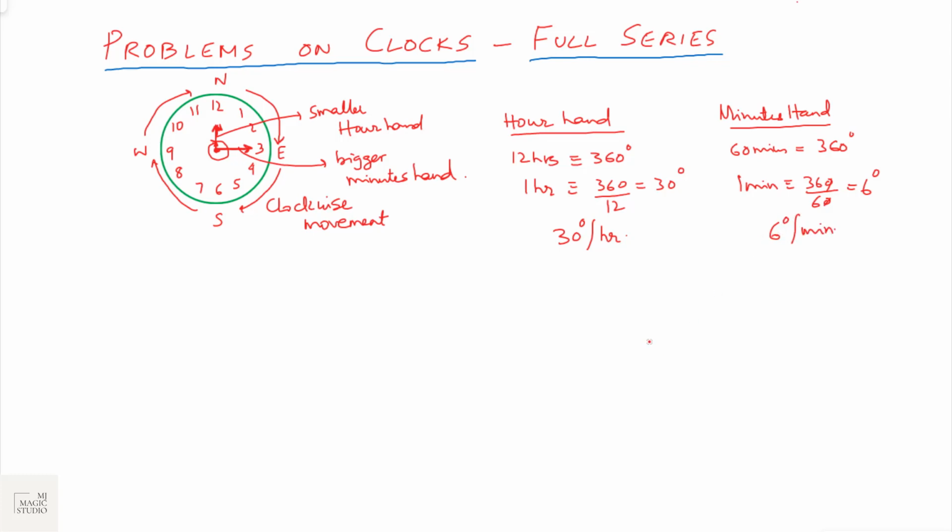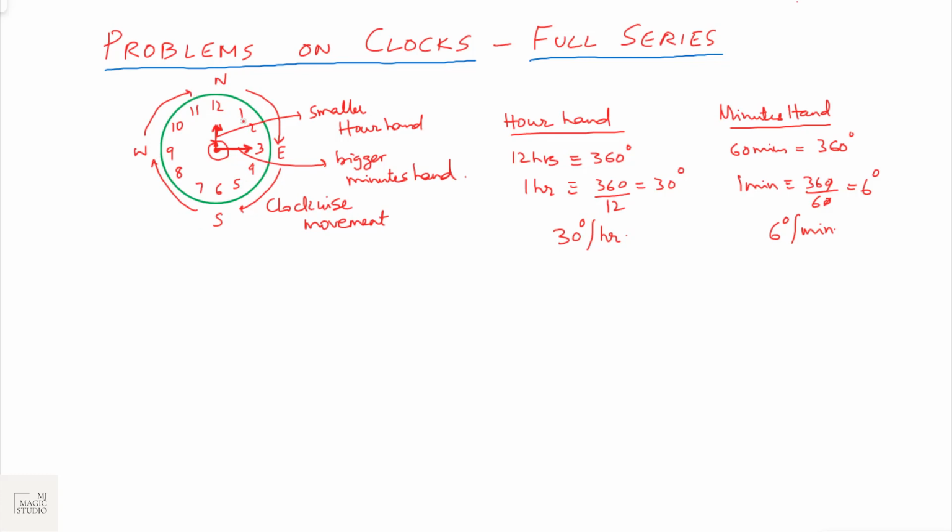If any question pertains to hour hand movement, say the hour hand moves from 12 to 2, obviously it will cover 30 degrees into 2, that is 60 degrees. If the minute hand moves from 0 to 3, that means 15 minutes coverage, which would be 6 into 15, that is 90 degrees.